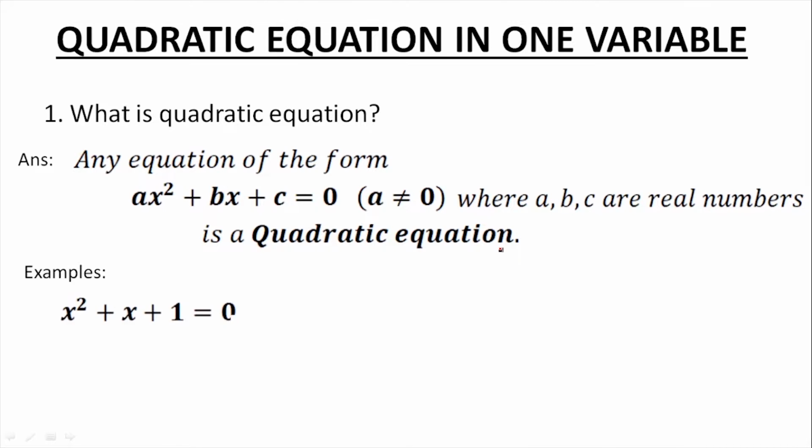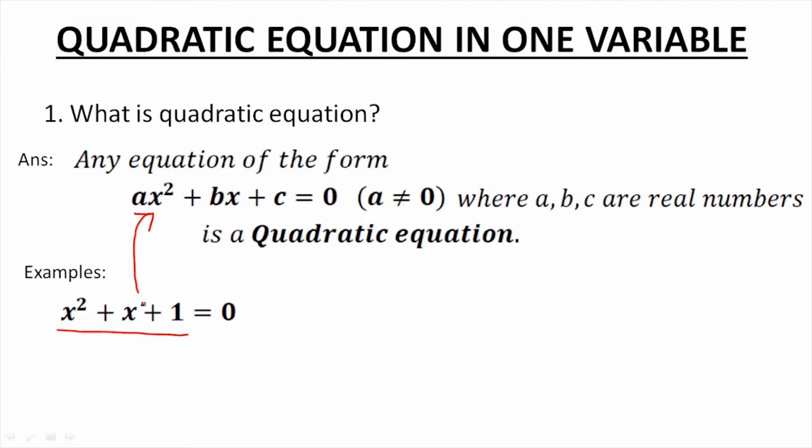Example: x square plus x plus 1. The form is the same because it has x square, x and a constant. Let's compare this equation with ax square plus bx plus c equals 0.